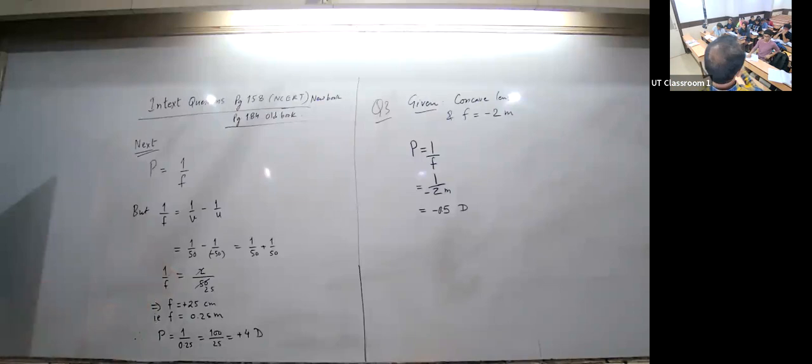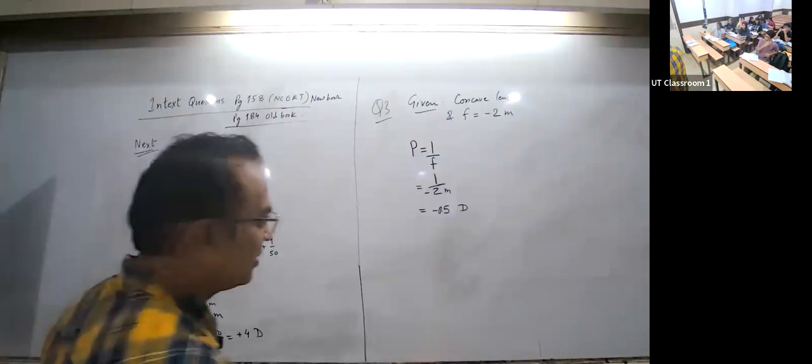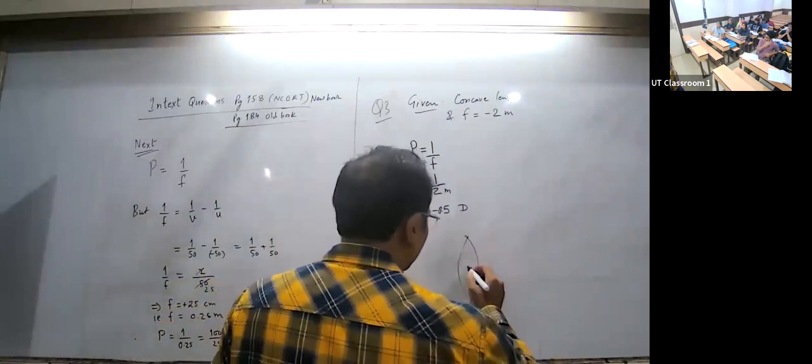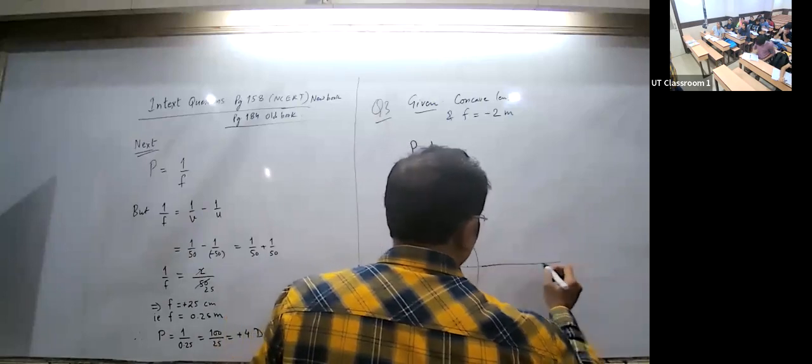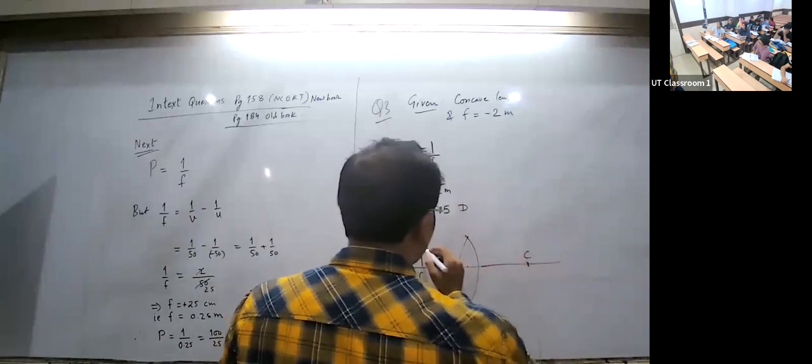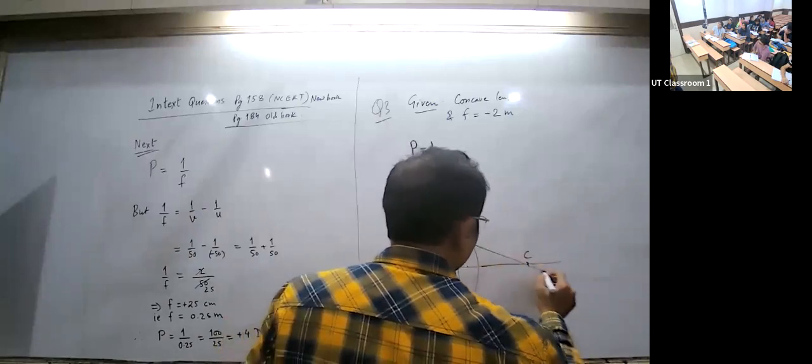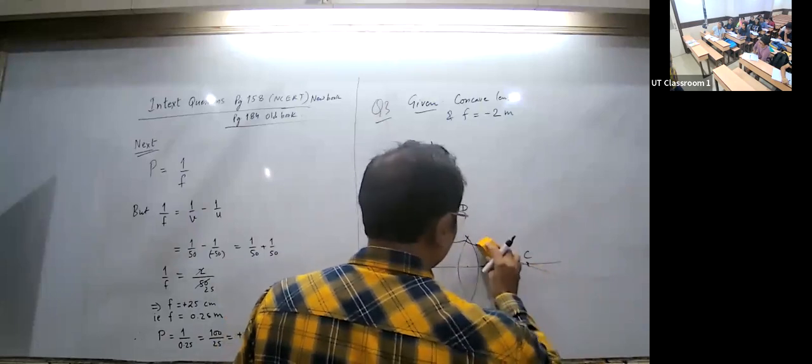वहां पे कैसे समझ दिया है object size is equal to image size. So now you know that where is image happening? If this is C, this is also C, right? So image is happening on this side. देखा?